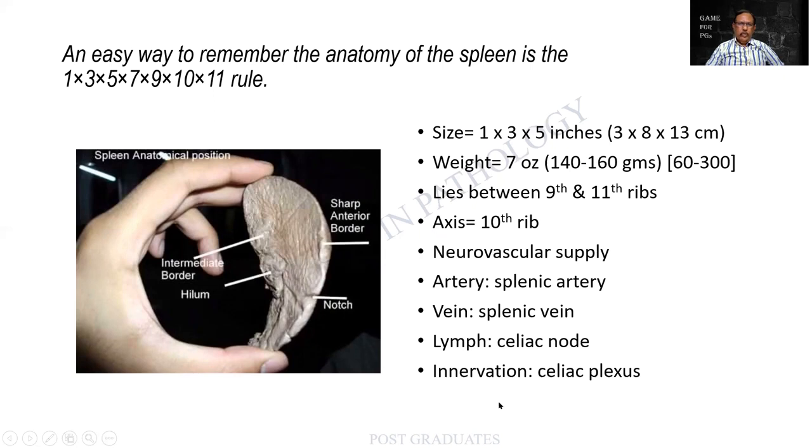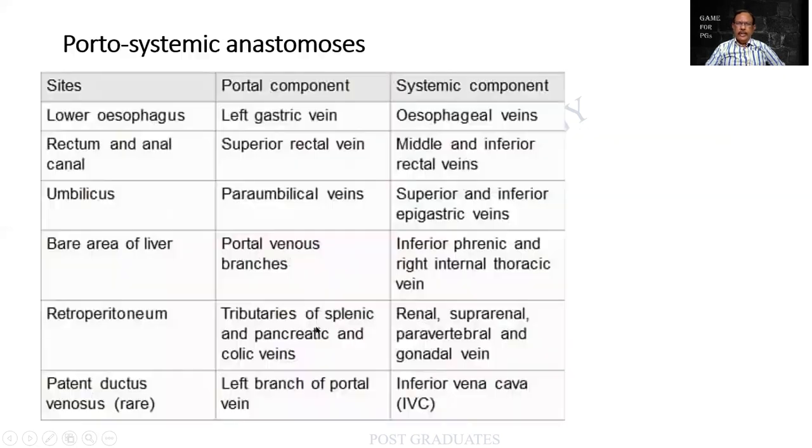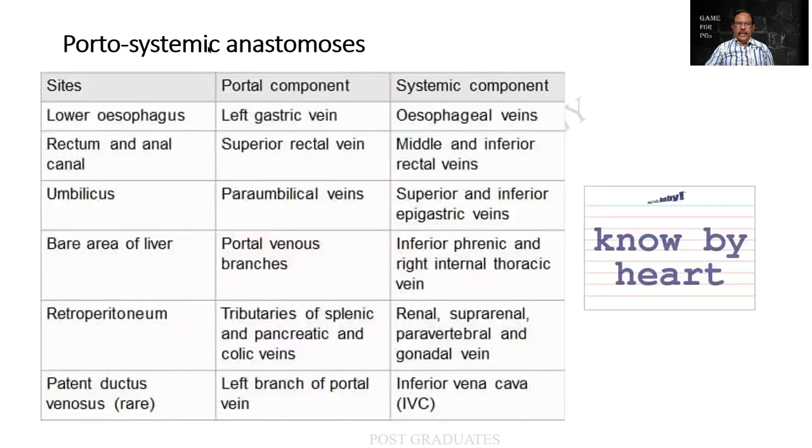What are the various rules? How do you remember the anatomical position of the spleen? This slide is of importance to us because a case of portal hypertension can be given to us for autopsy, or this is one of the most common questions asked in the viva.